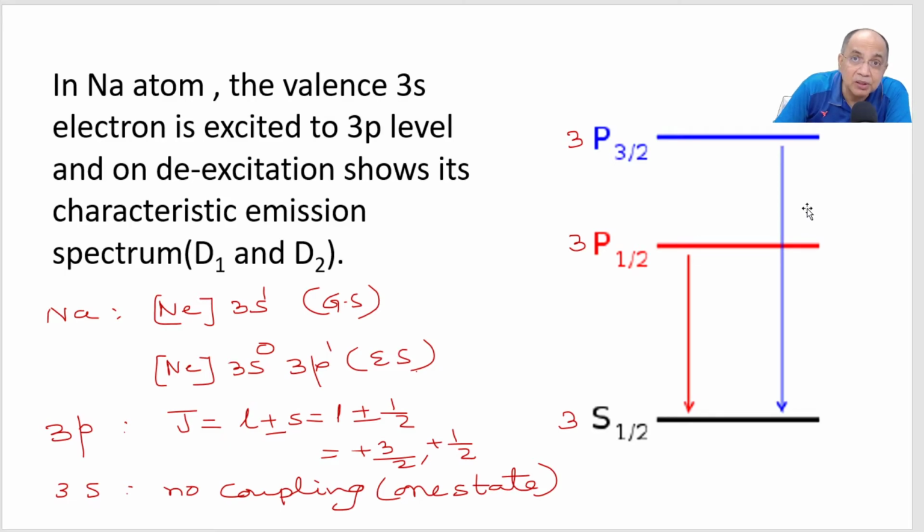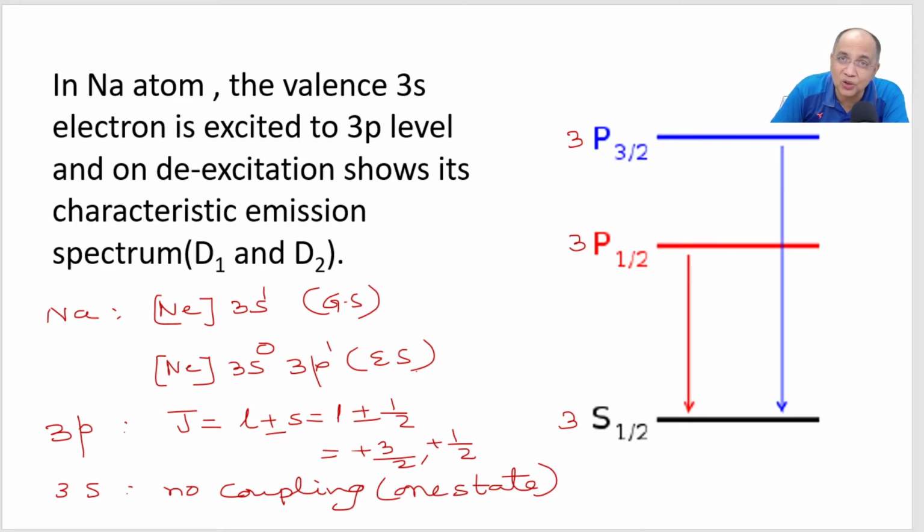But here all the 3p orbitals will couple with the spin, and this is the guiding formula, L plus minus S. That is two quantum states, one representing spin up, the other spin down. But it's the orbital quantum state, right? Taking the spin and the orbital motion together into account. And for 3s, no coupling.